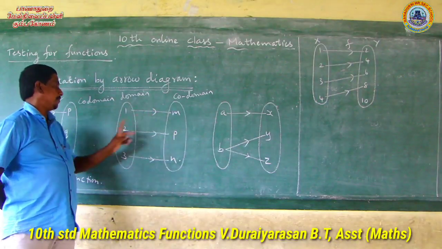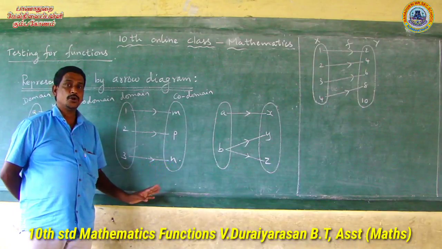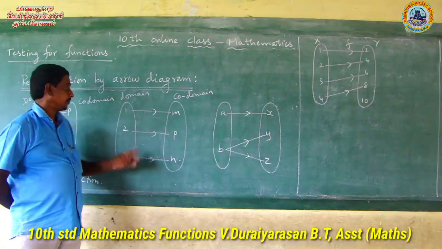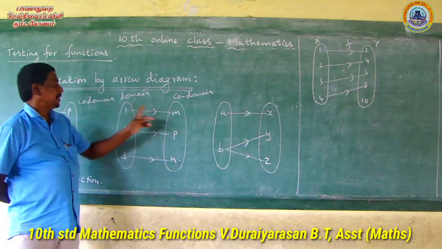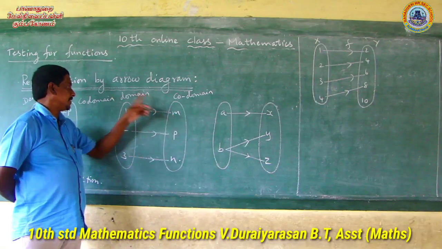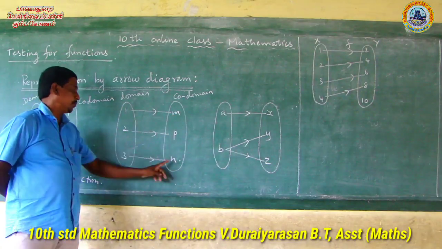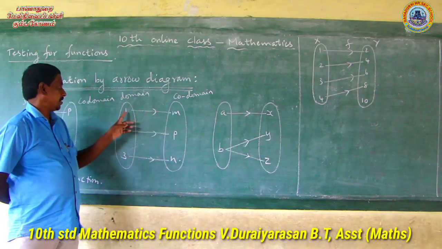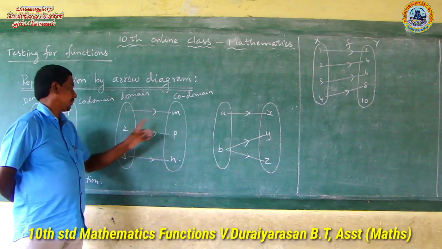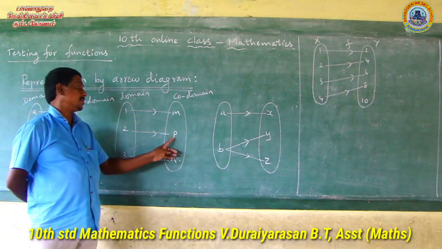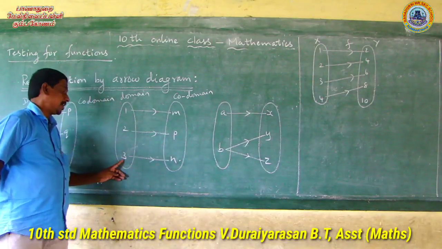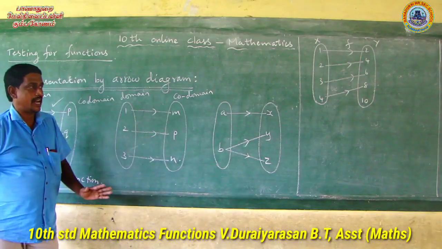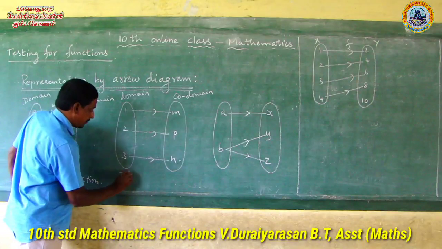So 1 to M, 2 to P, 3 to N. So the two statements are satisfied by the domain with the codomain. M has a pre-image of 1, P has a pre-image of 2, N has a pre-image of 3. So is it a function or not? Yes, it is a function.